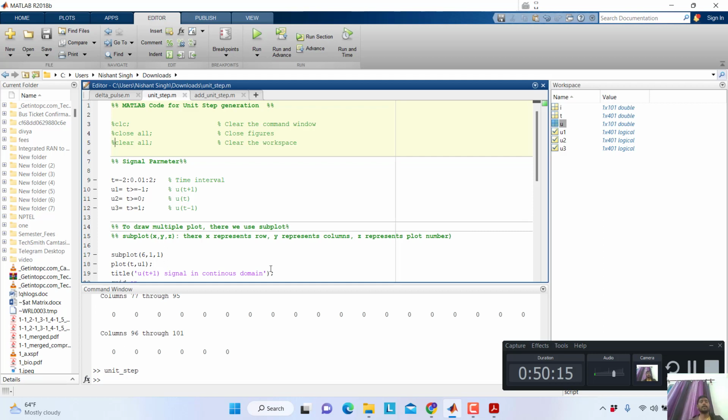So the advantage of these commands is that they delete the previous data, and the previous data will not be considered. So now we activate these three commands: CLC, close all, clear all. They will clear the previous values. CLC will clear the command window, close all will close all the previous figures, and clear all will clear the workspace.